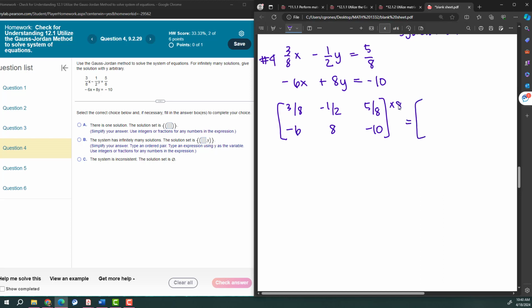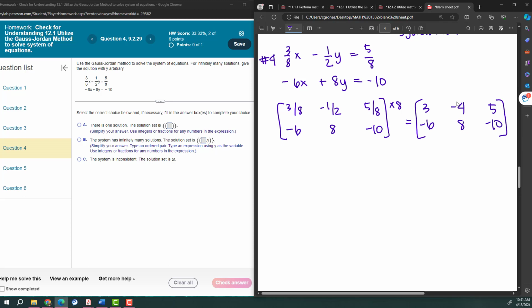then I get 8 is going to cancel out with the 8 over here, so I get 3. 2 cancels out with the 8, and so you get -1 times 4, so -4. And then the 8s cancel out over here, so we're left with 5. And then you've got -6, 8, and -10.